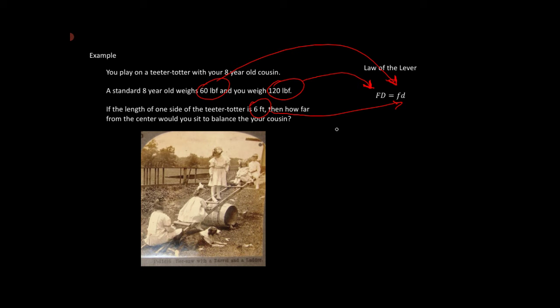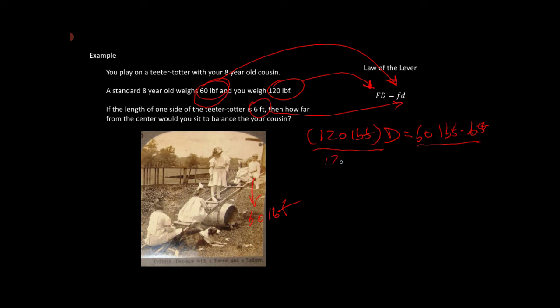Okay, so we can just put these numbers in. So 120 pounds times big D is equal to 60 pounds over here times 6 feet. So let's go ahead and get these fixed up.